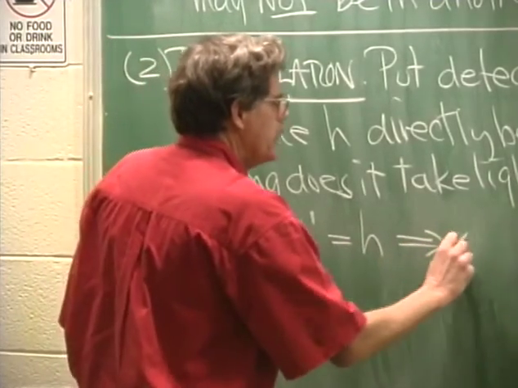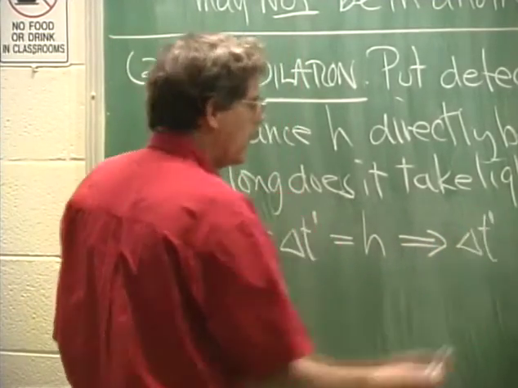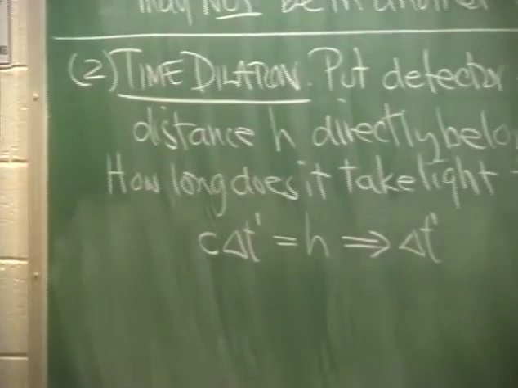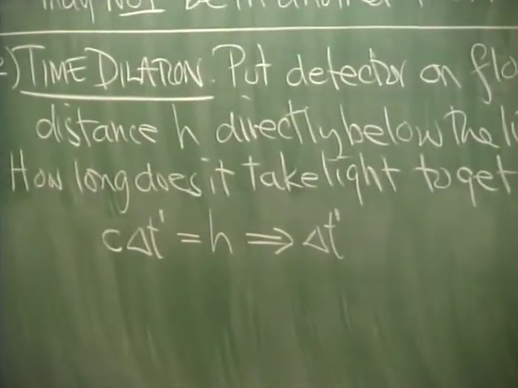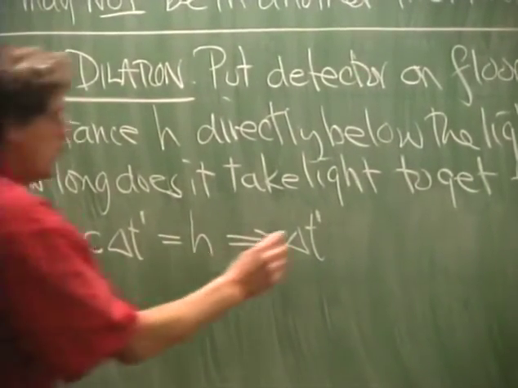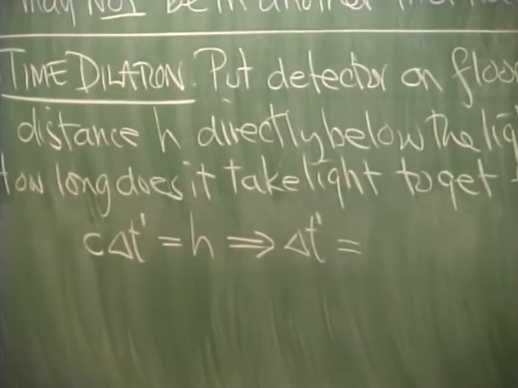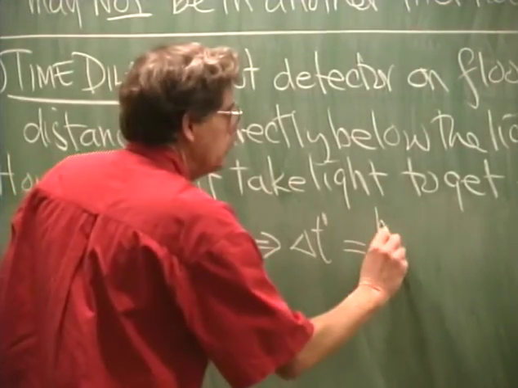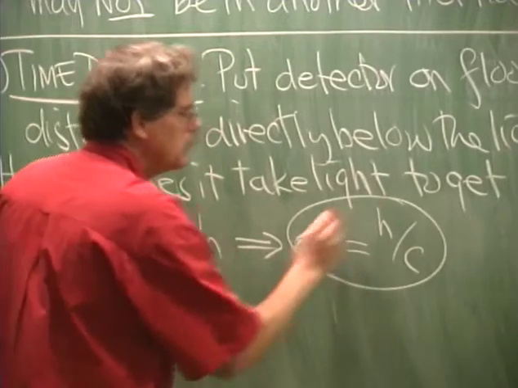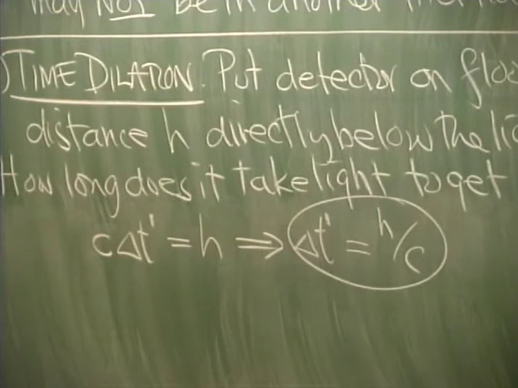Or delta t prime, what I was trying to calculate, the time it takes the light to get from the bulb to the detector, as measured by an observer on the train, is h over c. So far, so good. That's the easy one.